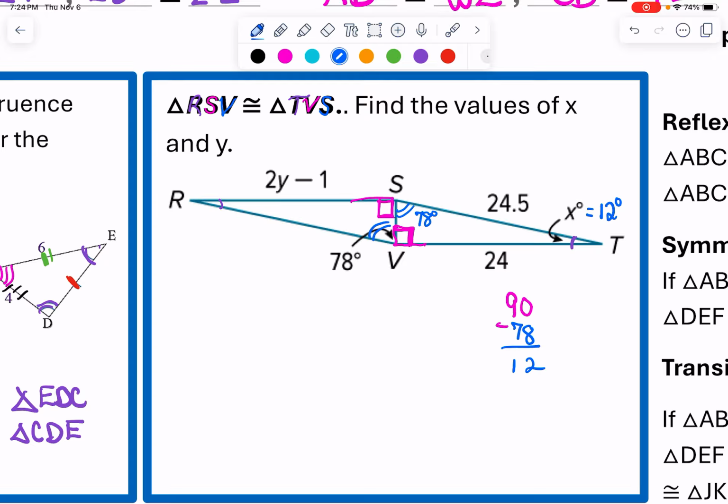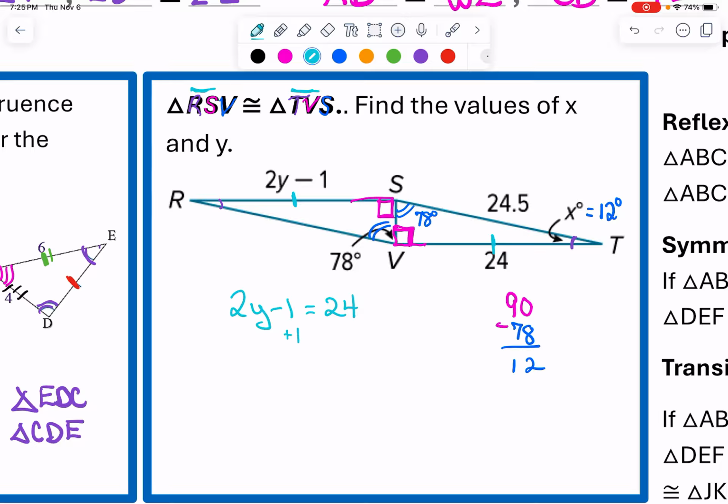Next, we can find the value of y. The value of y is determined by realizing that segment RS has to be congruent to segment TV because they have to be written in the correct order. Since RS and TV are congruent, 2y minus 1 has to equal 24.